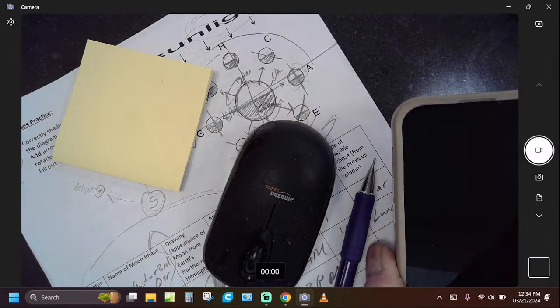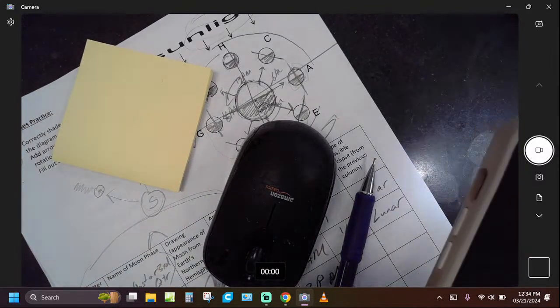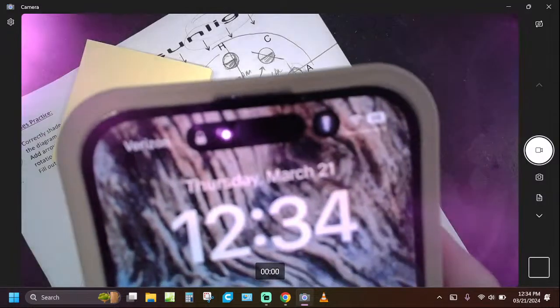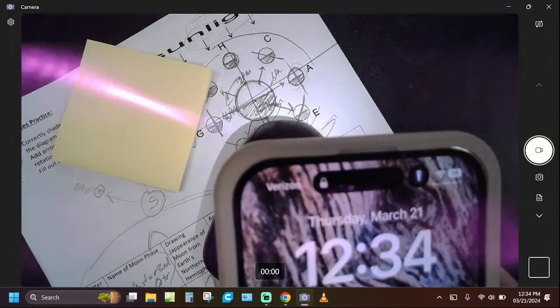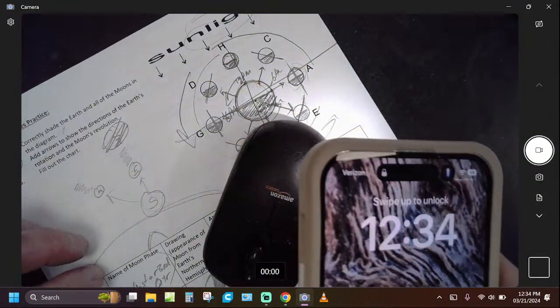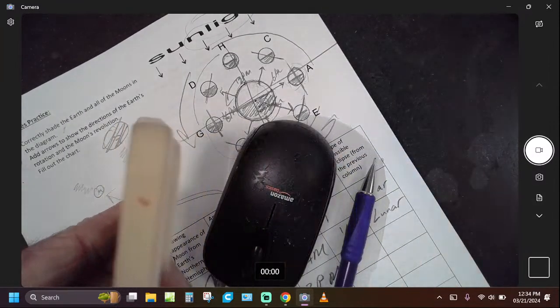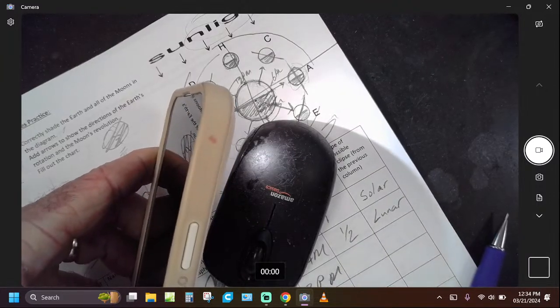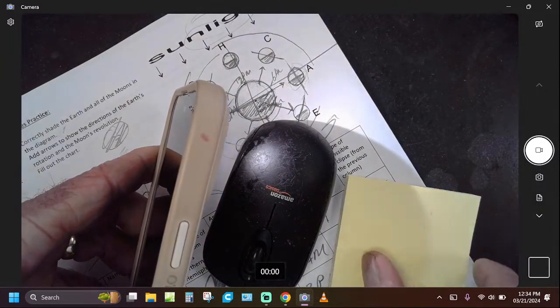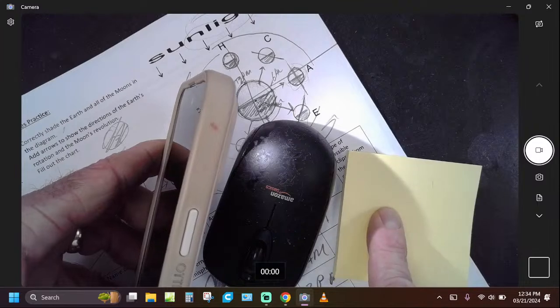Where do I put my flashlight? Like this? Can you see the shadow of my mouse? Yes. So when I go over here, the shadow's over there. When I go over here, the shadow goes over there. So if I did it like this, then this would be in the shadow.